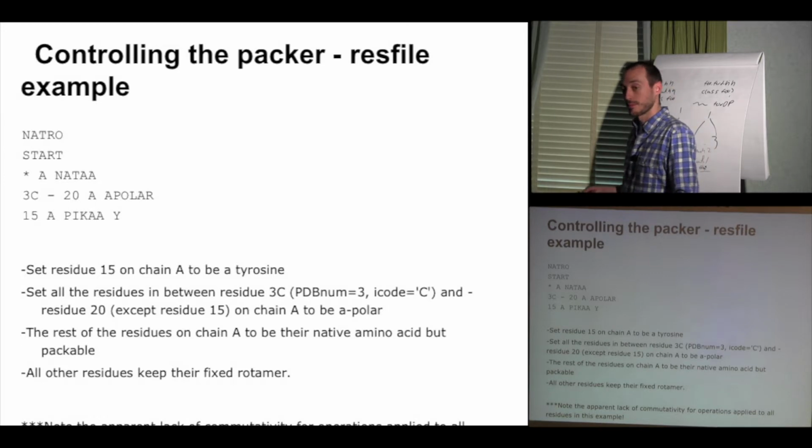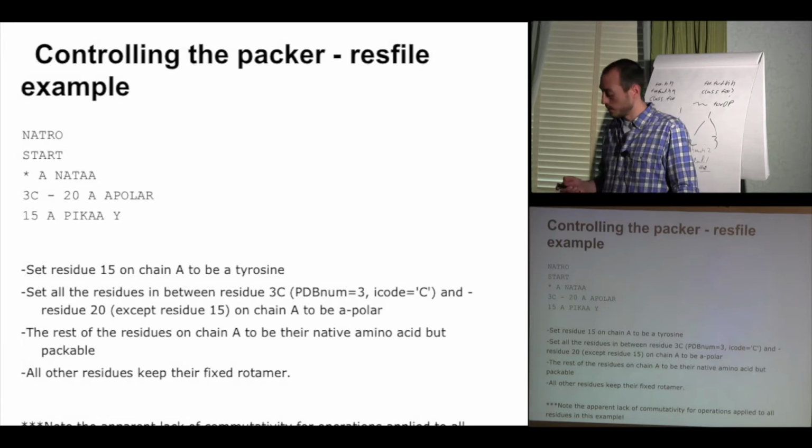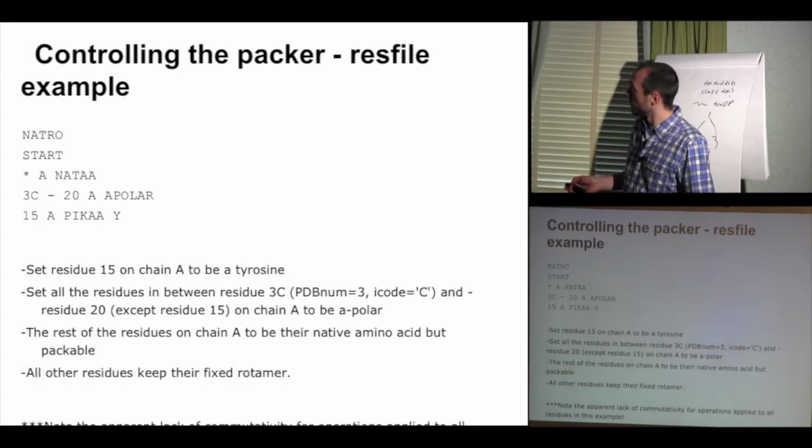Yeah. So to simplify, would it be like rules and exceptions? Would that be a way to simplify how this works? I'm not sure what you mean. Can you elaborate a little bit? When you say native rotamers, and then you specify for a particular residue a different rotamer or a different residue, you have a general rule, but you have an exception that takes precedence over the general rule.